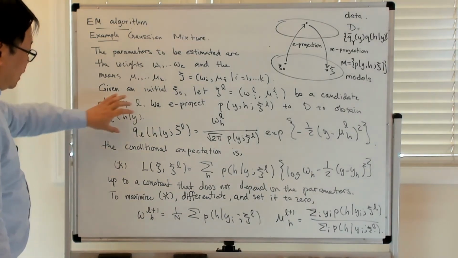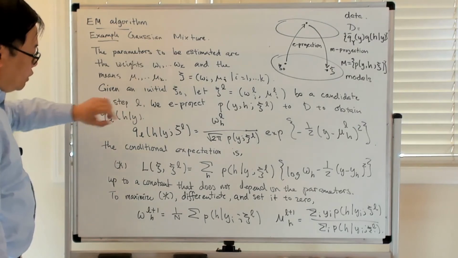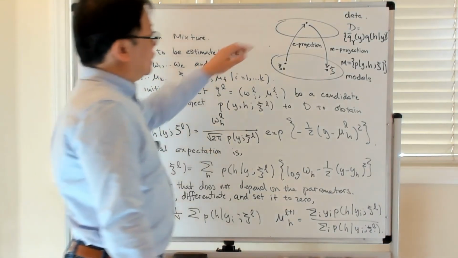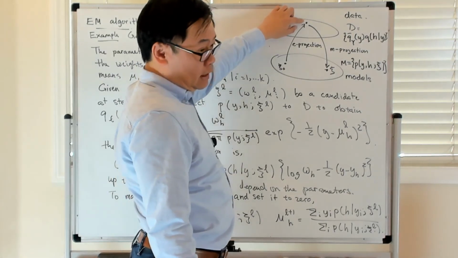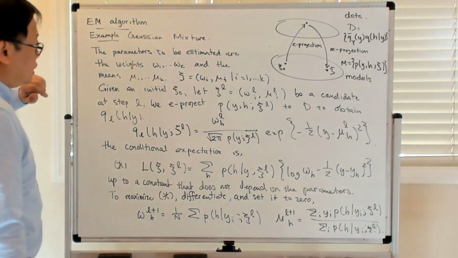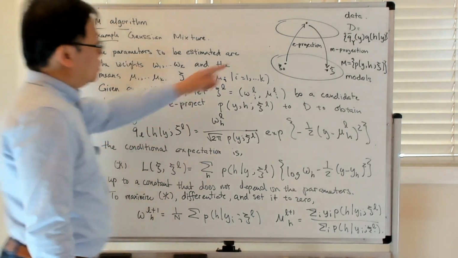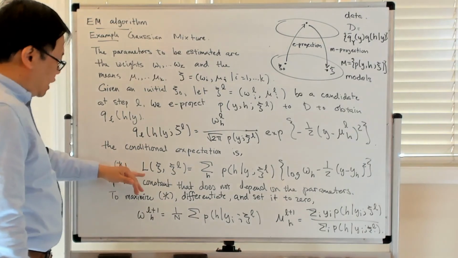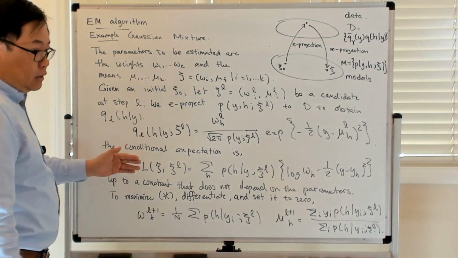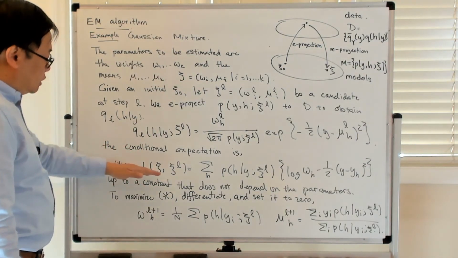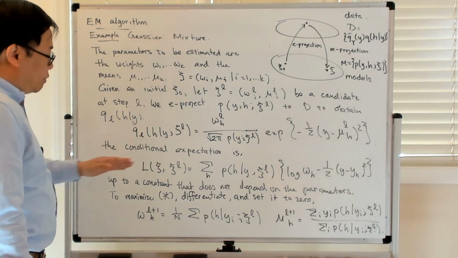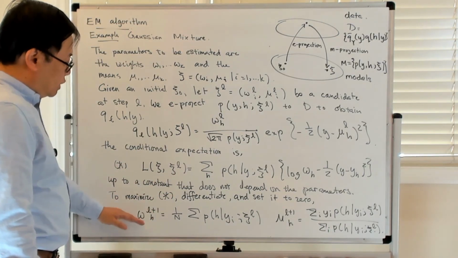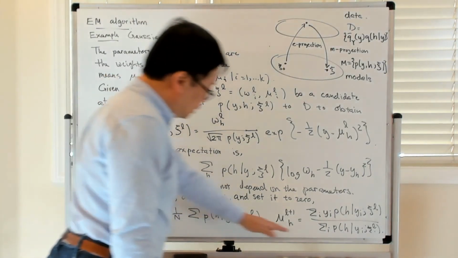Again, this is the E projection step, where you compute this conditional probability to figure out what point on D you should project to, and then to go from D back to M you have to maximize this log likelihood, which you do by differentiating with respect to the variable and setting it equal to 0, which gives you these updates.